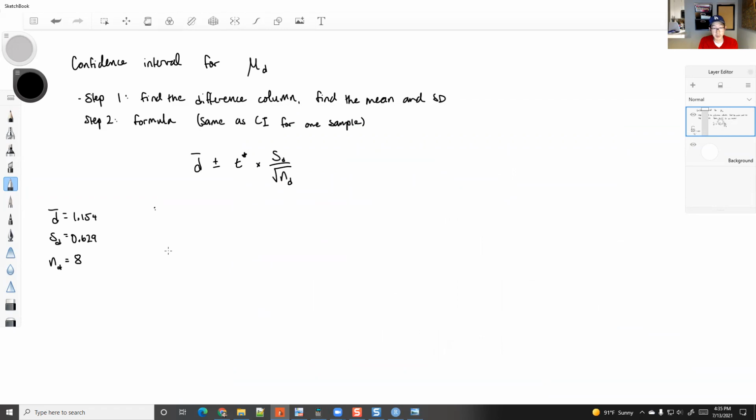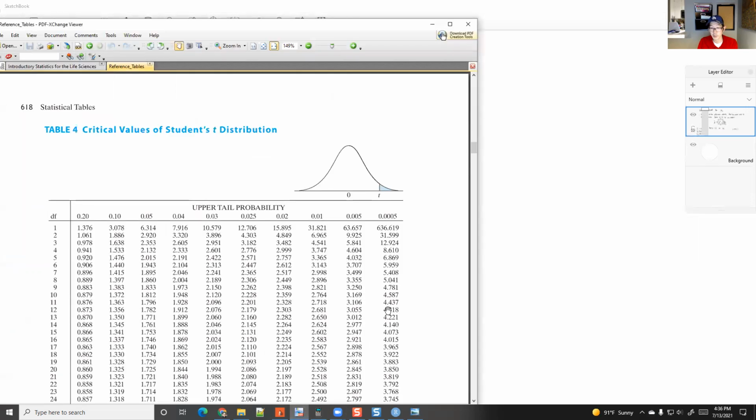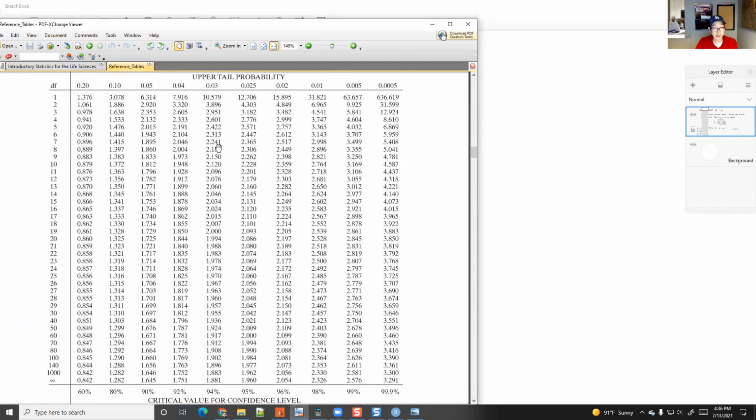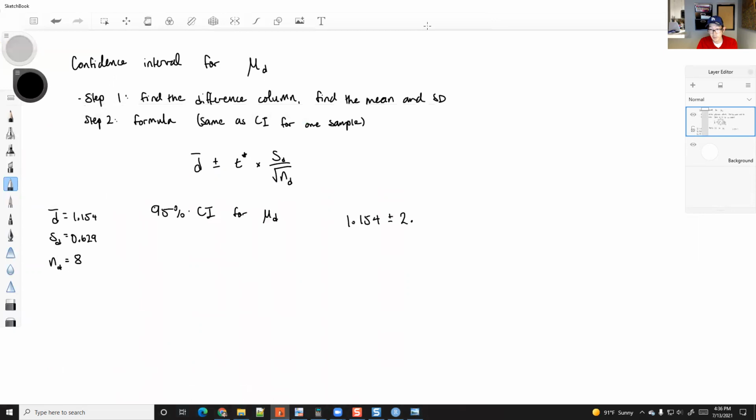If we want to make a 95% confidence interval, the mean difference is 1.154 plus or minus, with 95% confidence and 7 degrees of freedom. This is the column for 95% confidence, 7 degrees of freedom, and we have 2.365, times the standard deviation 0.629 over the square root of 8.